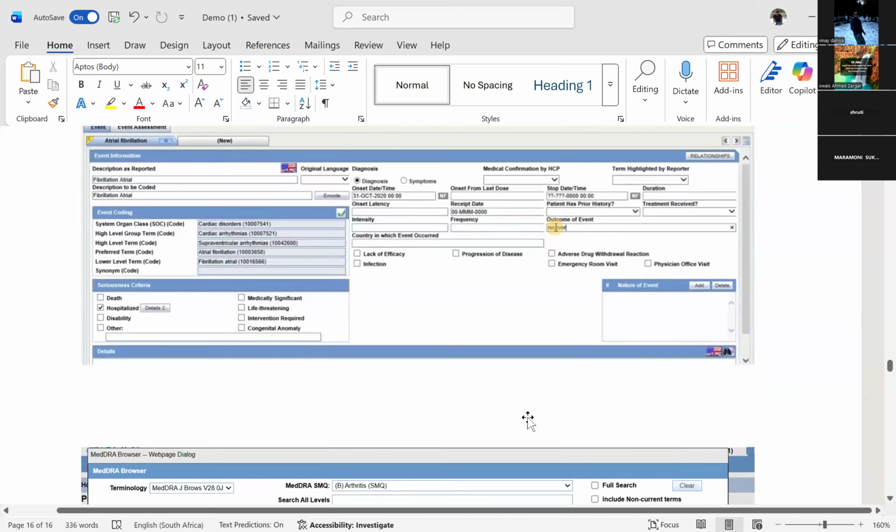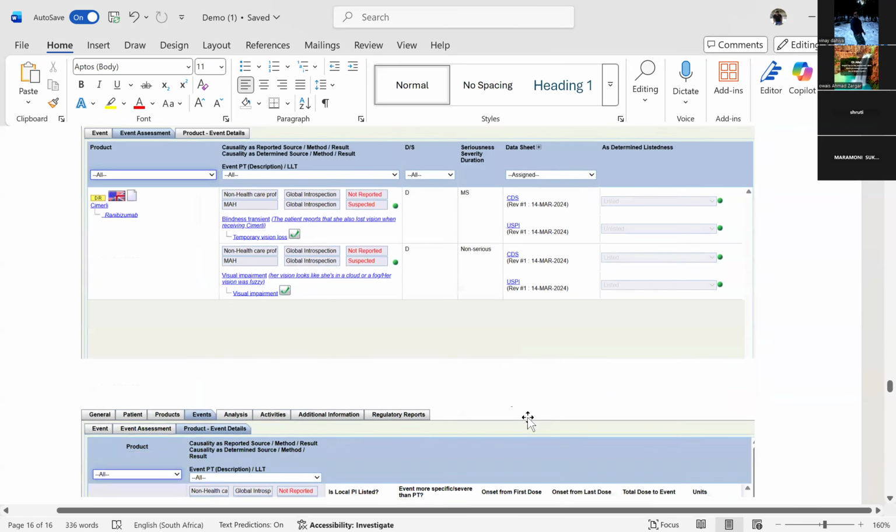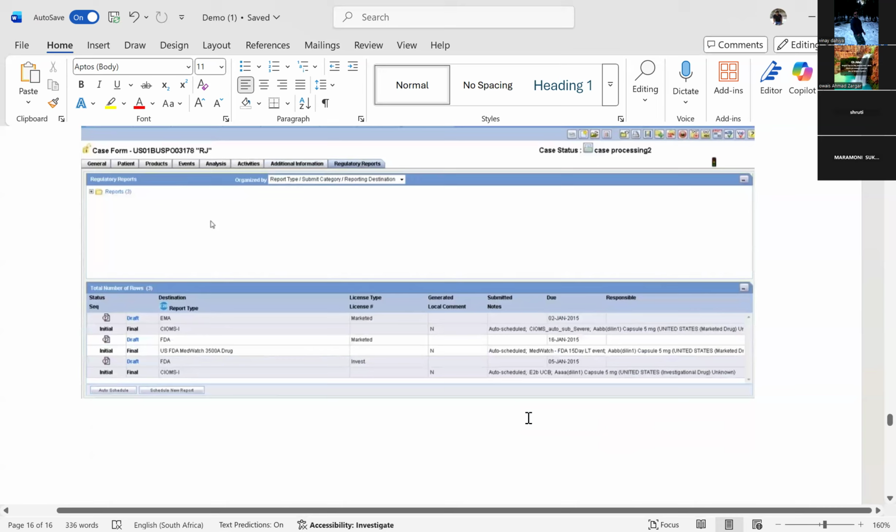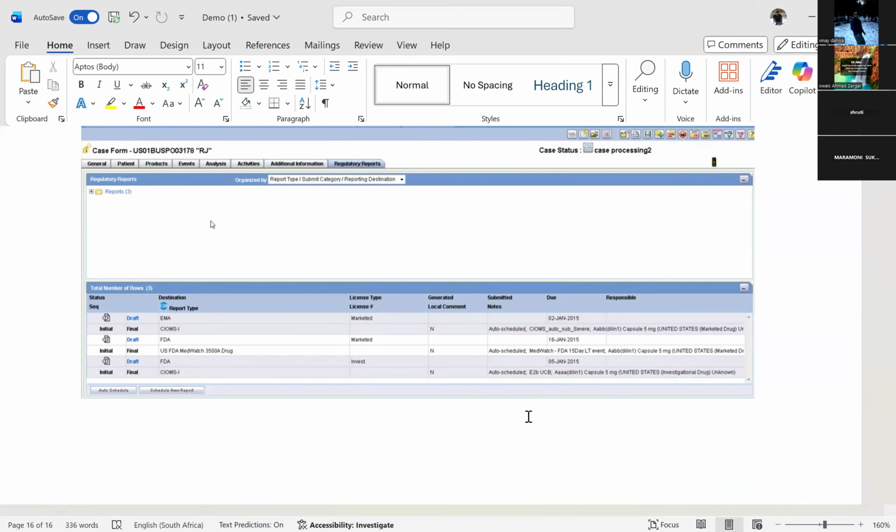Moving on to the regulatory reporting. The terms that I used, expedited report or non-expedited report. What are expedited reports? Basically, in post-marketing surveillance, there are two types of expedited report, 7-day or 15-day. Clinical trials also follow the same timeline, 7 days and 15 days.